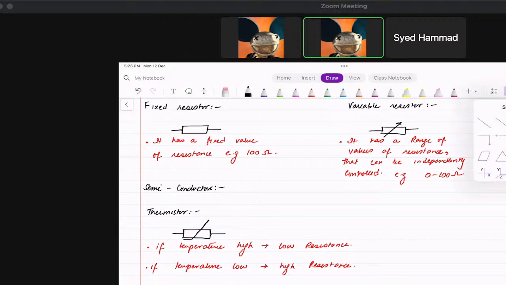So usually the graph of a thermistor would look like this. You have current, sorry, not the voltage, temperature in degrees Celsius. So it would basically go like this. As the temperature increases, the resistance will reduce, so current will go up like that.